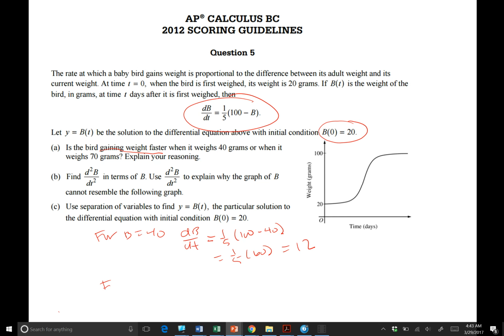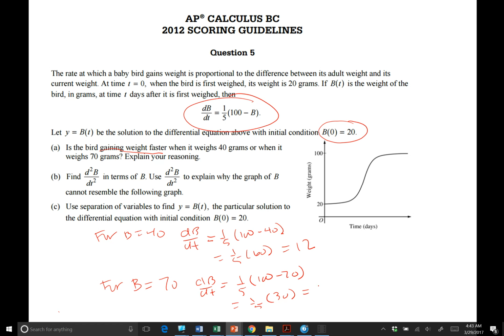And then for b equals 70, dB/dt equals 1/5 times (100 minus 70). We know that 100 minus 70 equals 30.